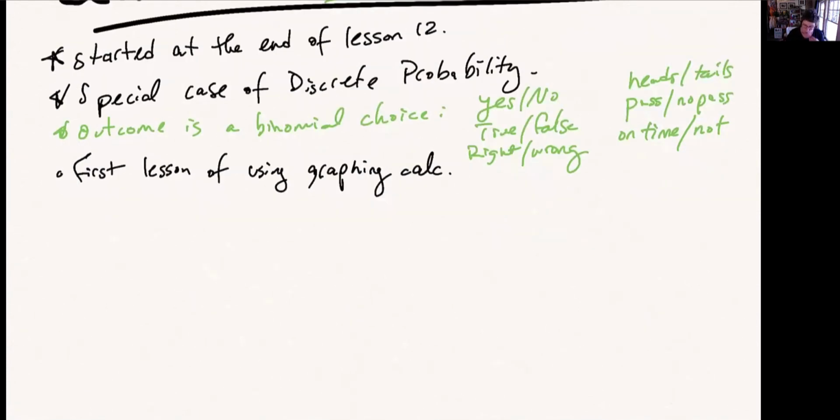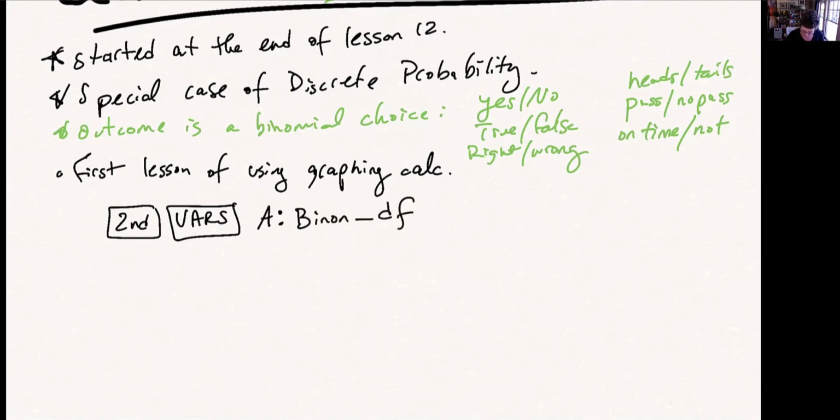Okay, so what we used in our graphing calculator is, remember, second vars. Everything for this unit is under second vars because that's where all the probability is. And then we chose a binom something df. Okay, and what we put in here, well, let's talk about binom PDF first.